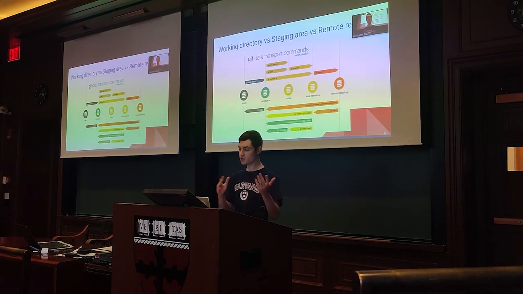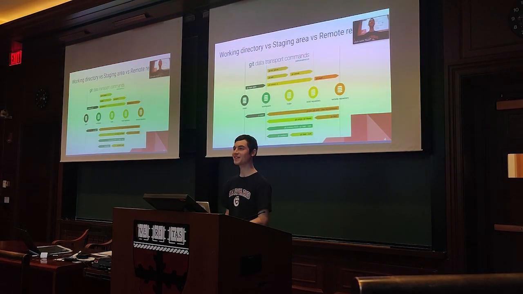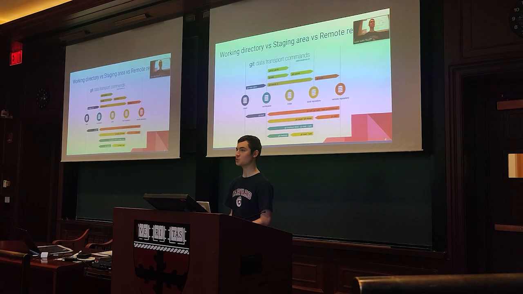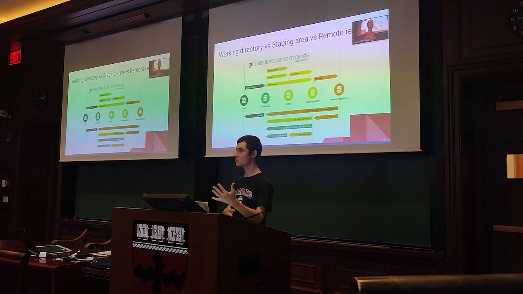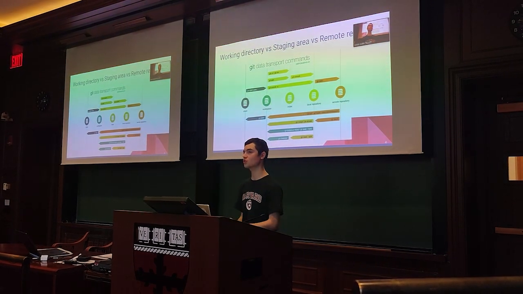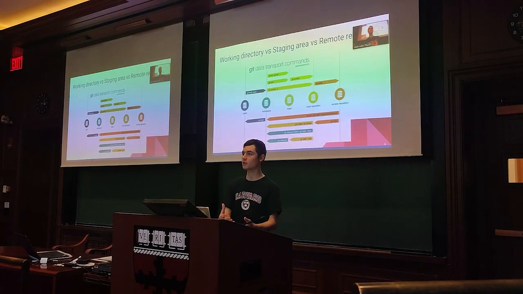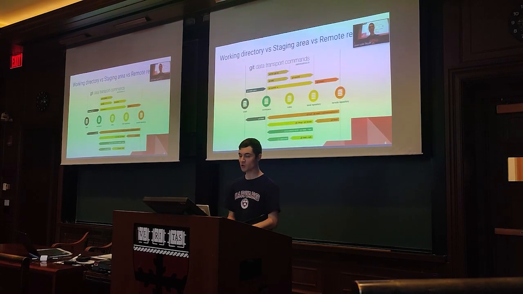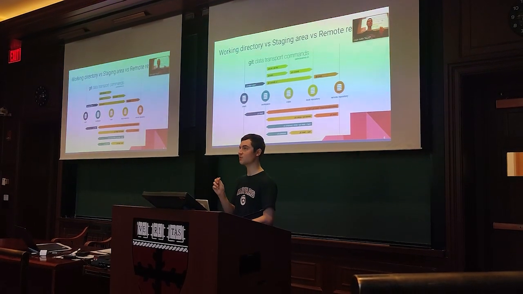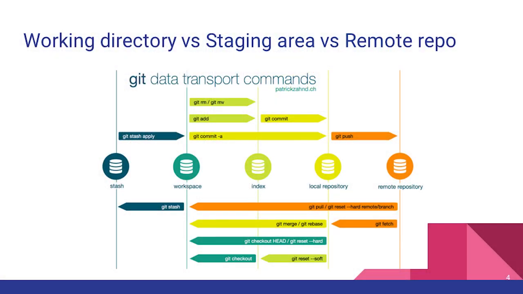I'm going to show you all of that with a working example later, that you can do on your computer. But let's say that you have some files and you have some changes, and some of them you are happy with. It makes, for example, a feature on your project. And some of them are a work in progress, and you don't want to record that in the permanent history of your project. So what you are going to do is selectively add with the git add command some files which are of interest to you to the index.